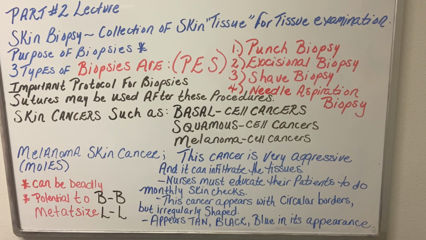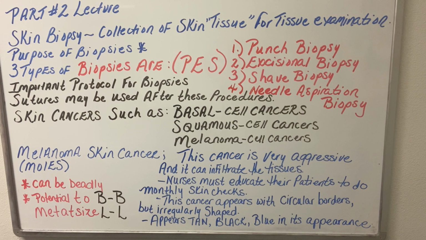The metastasis can go to those areas, but it can also move to the organs of the L's, and that's going to be the liver and the lungs. These are the four major sites that melanoma typically goes to: the brain, the bones, the liver, and the lungs.